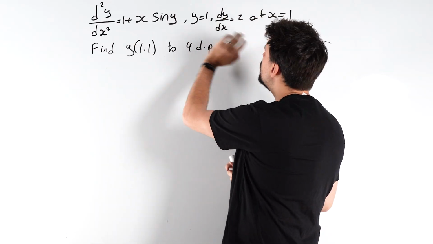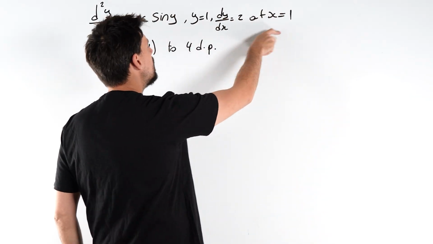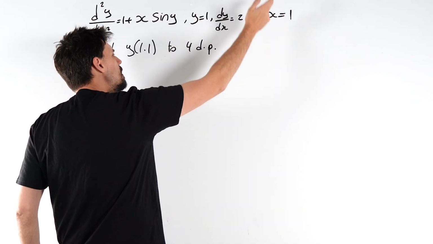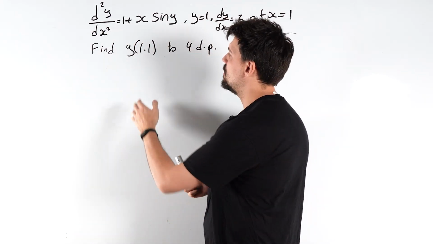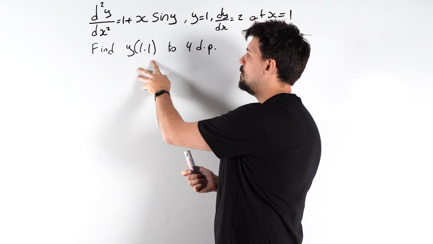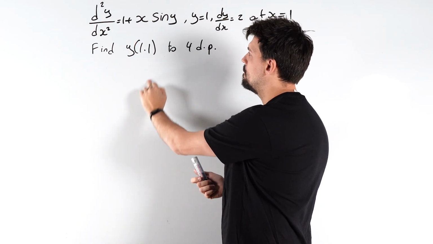So we've got a bunch of conditions here. We've got initial conditions at x is 1. We're going to use that to bootstrap ourselves a numerical approximation for the y value at 1.1.